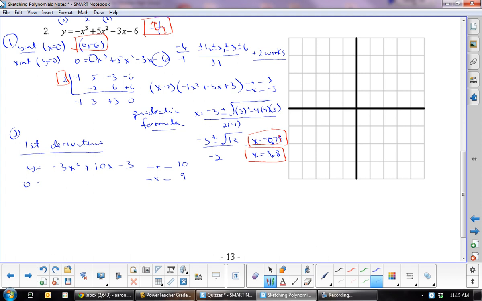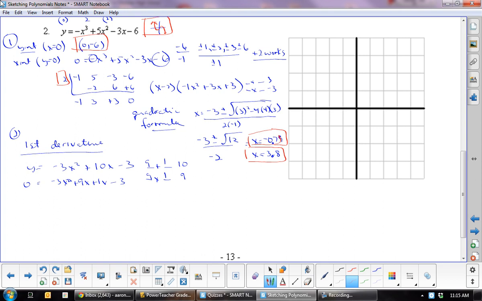What are we getting? So 9 and 1. So negative 3x squared plus 9x plus 1x minus 3.